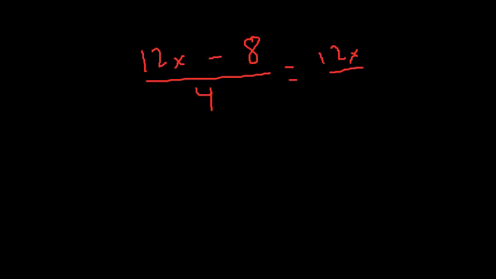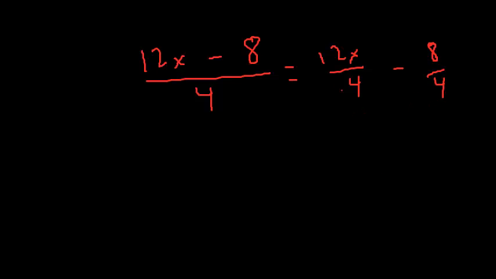Our last example here, 12x minus 8 all over 4. This is an interesting problem because it is written as a fraction. We can write this out as two fractions, 12x divided by 4 minus 8 divided by 4.